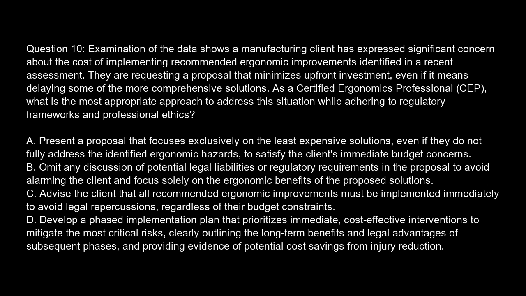Option C. Advise the client that all recommended ergonomic improvements must be implemented immediately to avoid legal repercussions, regardless of their budget constraints. Option D. Develop a phased implementation plan that prioritizes immediate, cost-effective interventions to mitigate the most critical risks, clearly outlining the long-term benefits and legal advantages of subsequent phases, and providing evidence of potential cost savings from injury reduction.